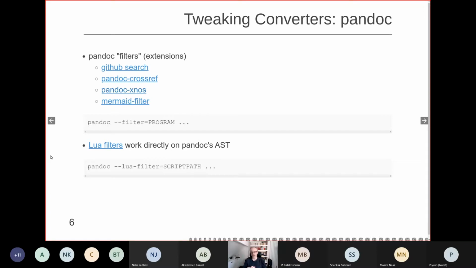Lua is itself a programming language, but the whole paradigm of Lua is that it allows for a lightweight scripting language which lets you do post-processing, or also intermediate processing, on data structures with just very few scripting arguments.